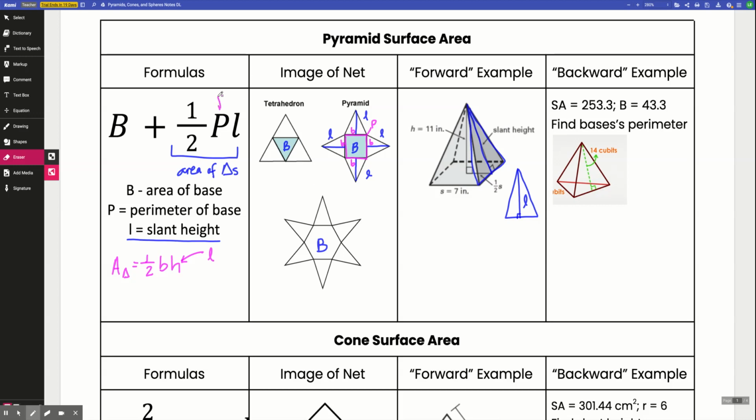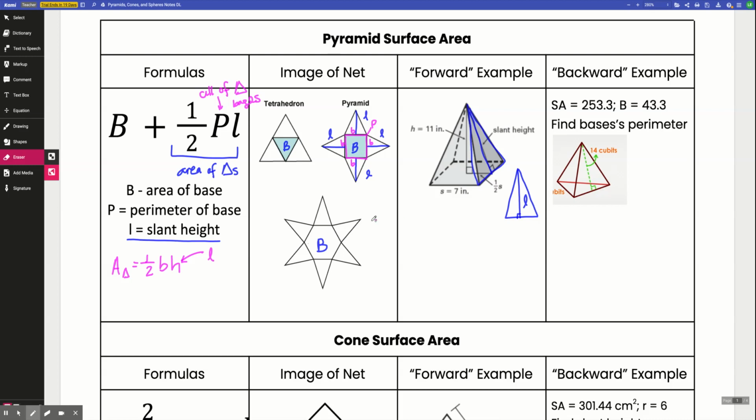This P right here is basically all of the triangle bases. So very similar, in format, to what you've already seen for the area of a triangle.